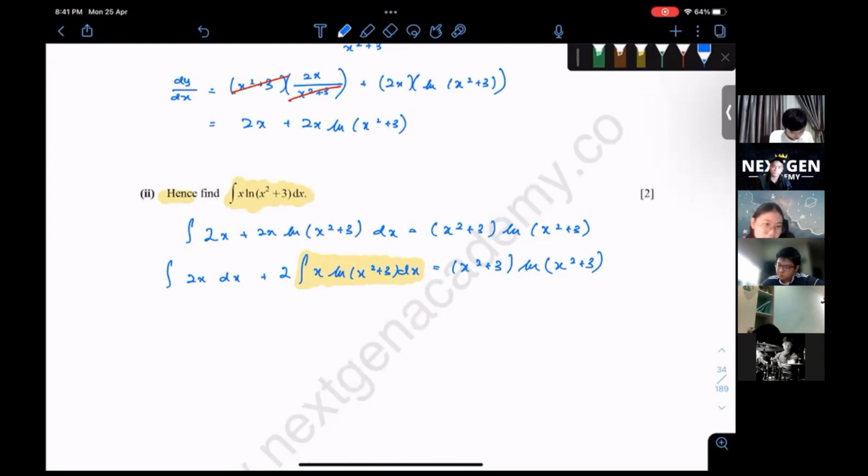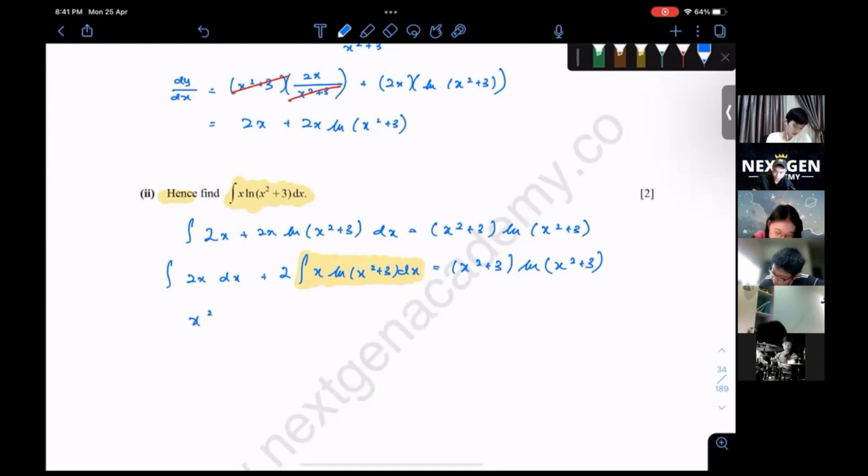So can integrate the 2x, that one, then move it to the right. Yes, very good. That's what you're supposed to do. Okay, so if I integrate 2x, what do I get? X squared.